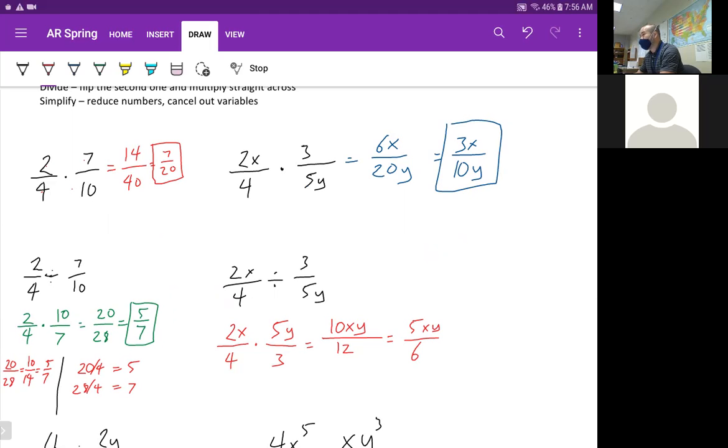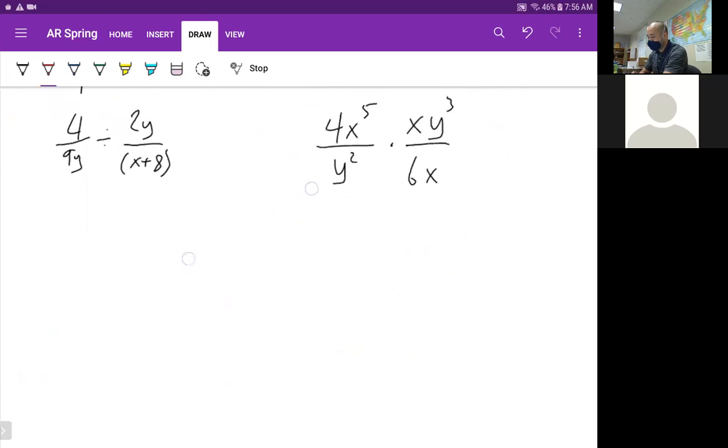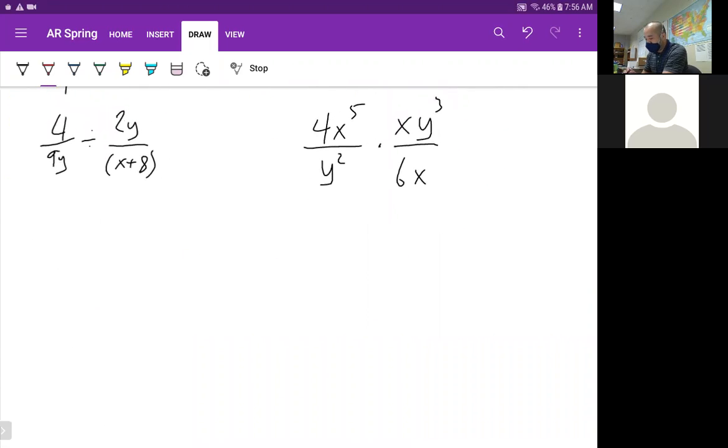So when you have variables like this, these last two examples here at the bottom, so this one, let's flip it. 4 over 9y times x plus 8 over 2y.